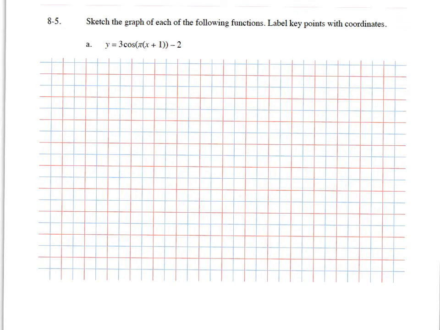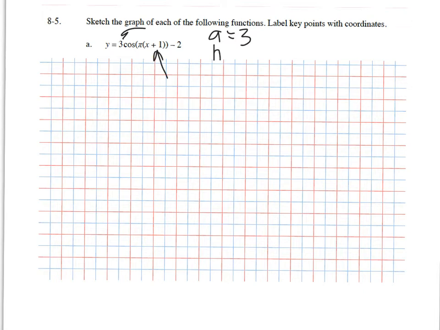Now we're going to identify these and try to make a graph from them. So sketch a graph for the following function. Amplitude stands out. A equals 3. The horizontal shift is right here.